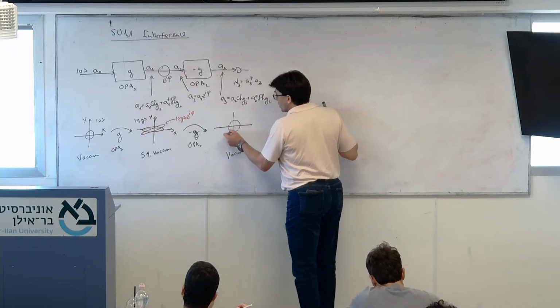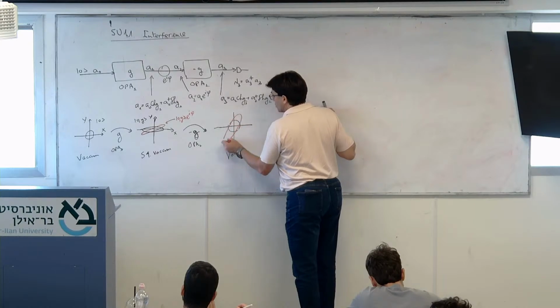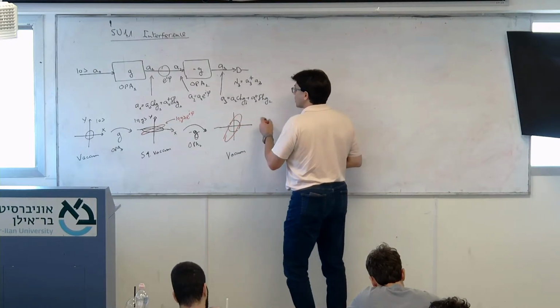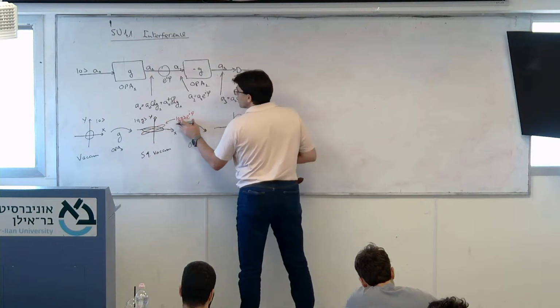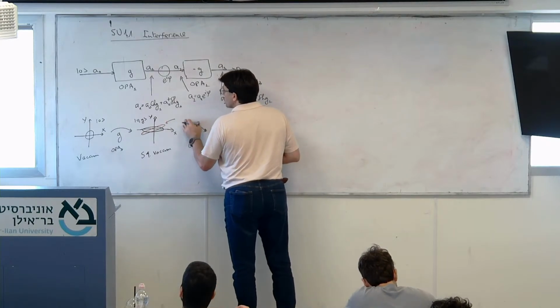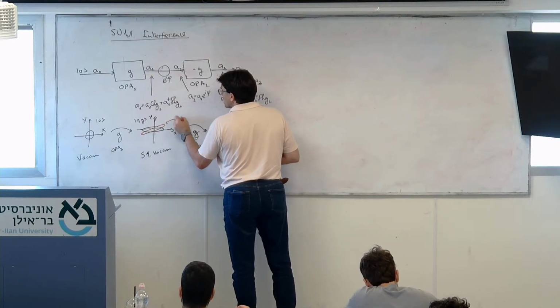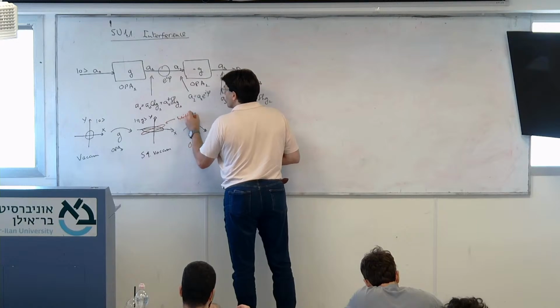So this will generate something like, I don't know, it will be like this. This is with phase.